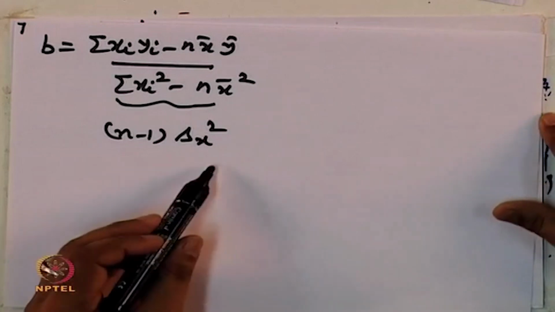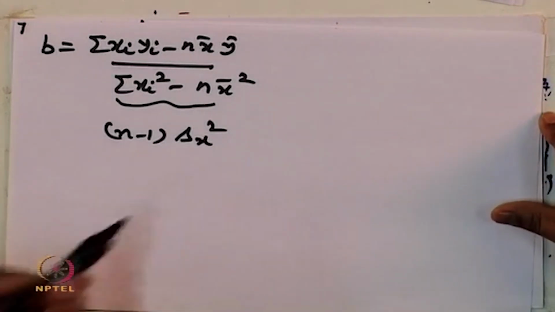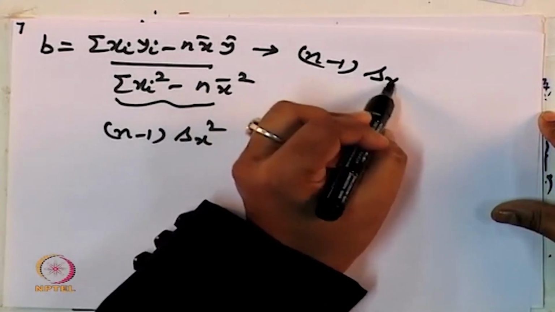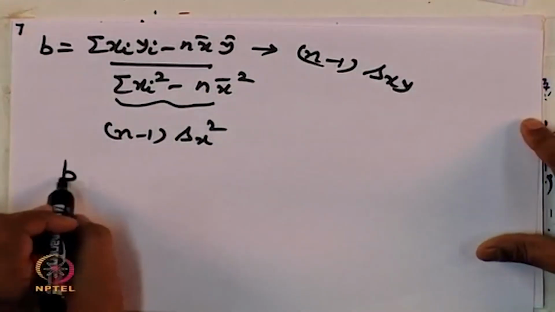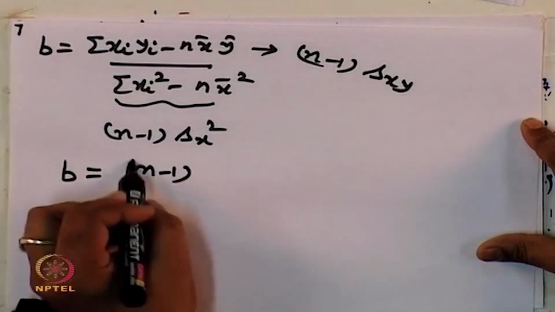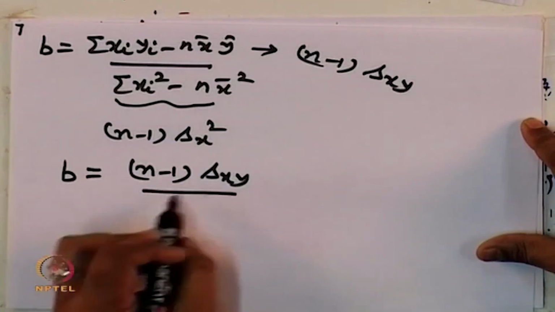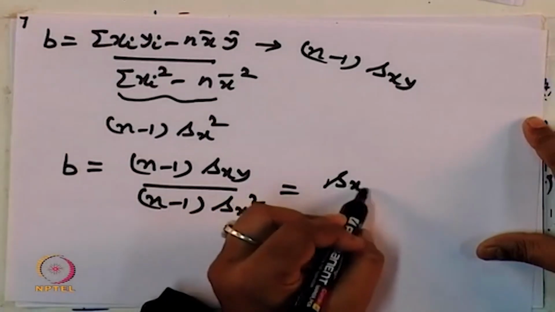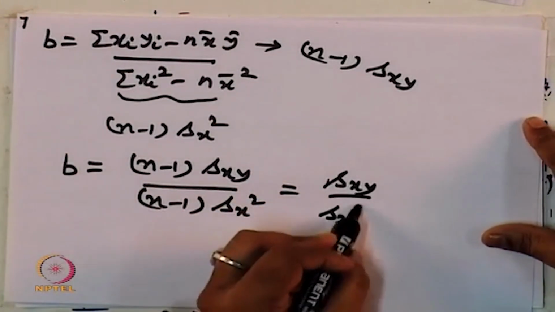Okay. And this we found was n minus 1 into s x y. Okay. So, my b is nothing but n minus 1 into s x y by n minus 1 into s x square is equal to s x y by s x square.